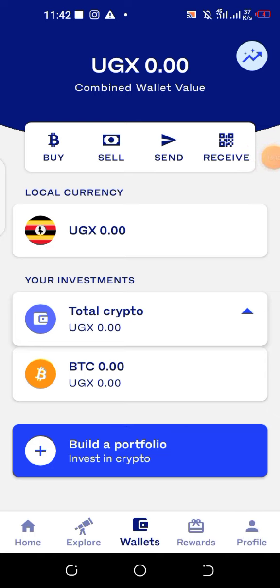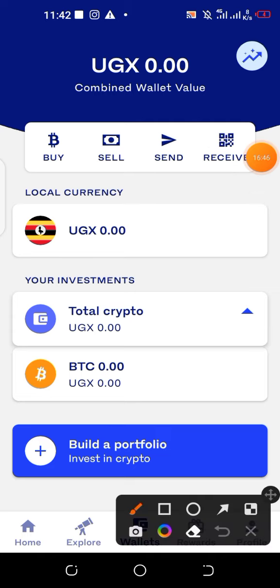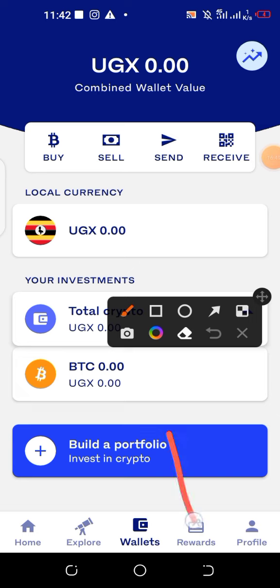You can see here is rewards, but we want to go to wallets. Then after wallets, you go to BTC. Since now we have 0, but when it has reached your Luno wallet, it will be showing here the amount of money.